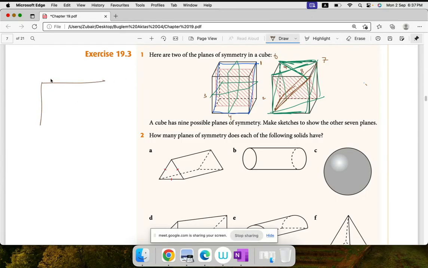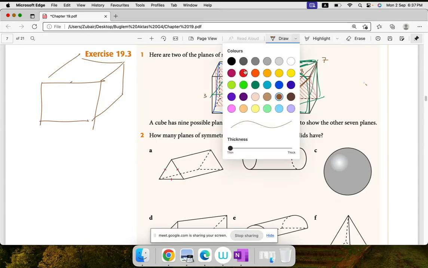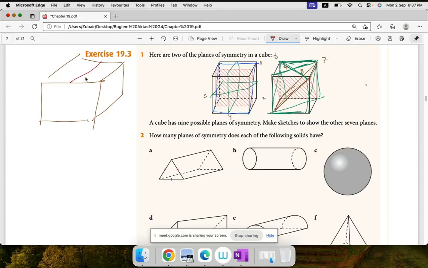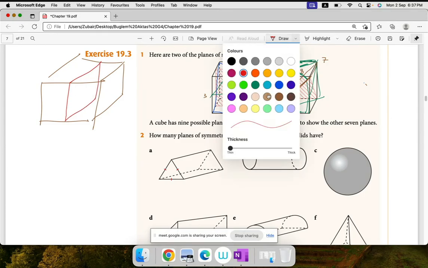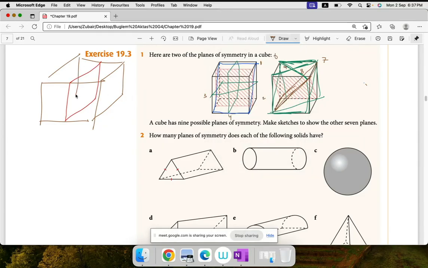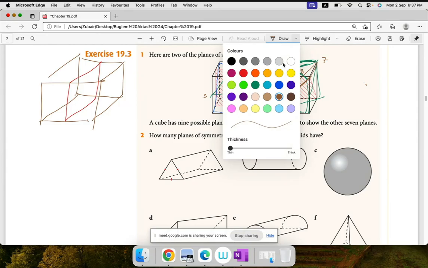So basically, when we have this, one line of symmetry is through this line. Okay, one. Done. Agreed. Okay, this was a cube. Now that's one in red.